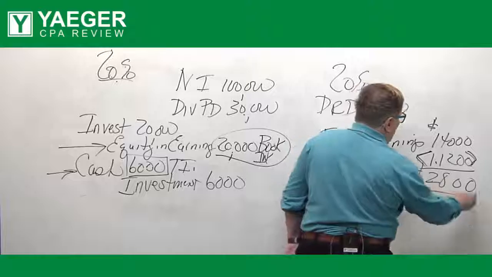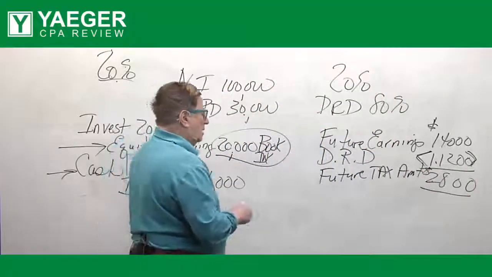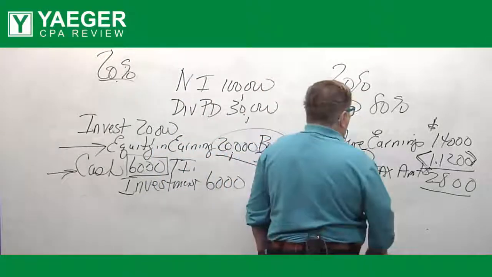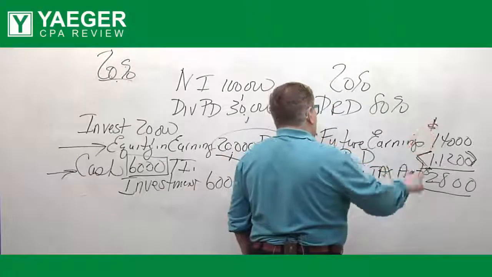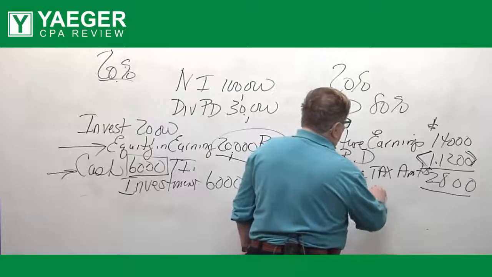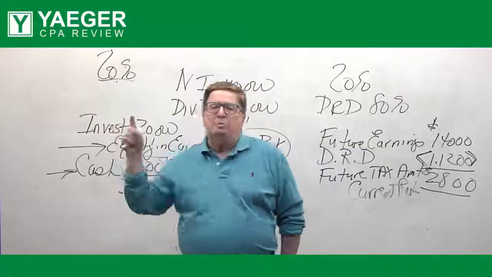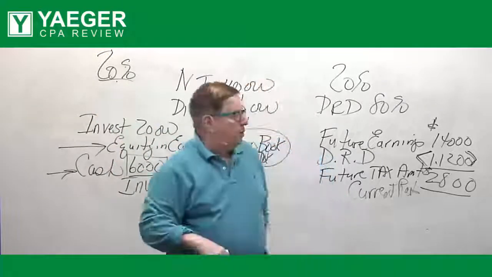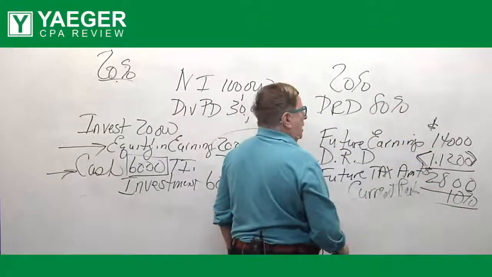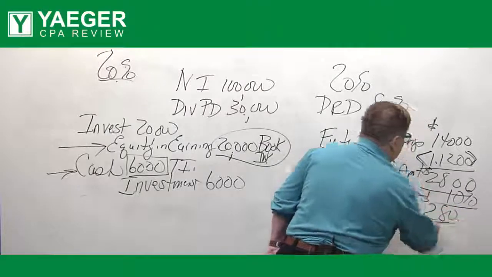Therefore, after you exclude the dividends not subject to taxation, you're going to be taxed in the future on $2,800. Now, you multiply this by the future rate, if you know it, or the current rate, if you don't know it. Now, let's assume the future rate's going to be 10%. So, I'm going to pay $280 in taxes.